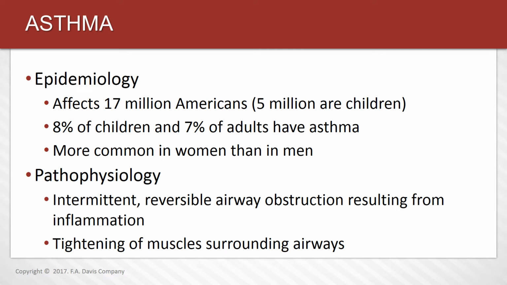The condition tends to affect the bronchial airways, not the alveoli. So this is the clearance section, not gas exchange. There's airway obstruction and bronchial hyperresponsiveness. That's what you see.